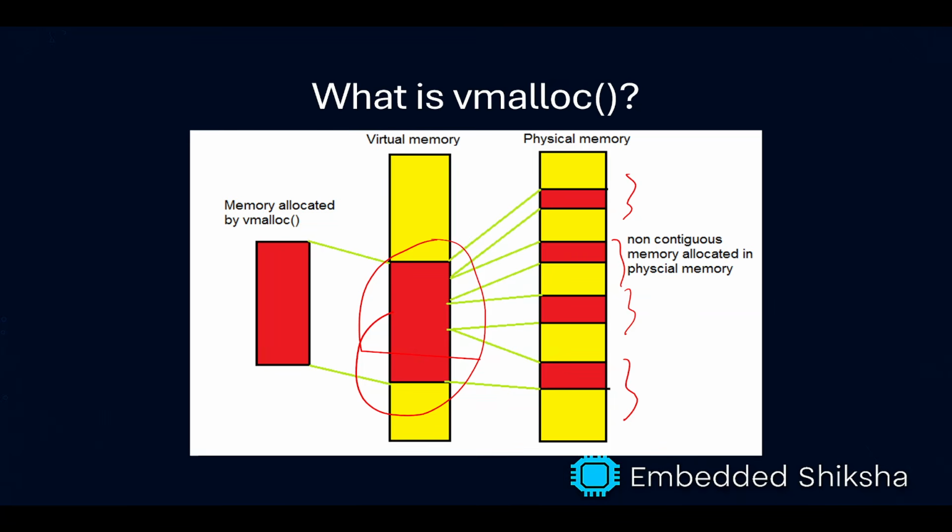But the moment you want your hardware or DMA to operate on the memory you have allocated, it is always recommended to go for physically contiguous memory because the access will be easier there, right?